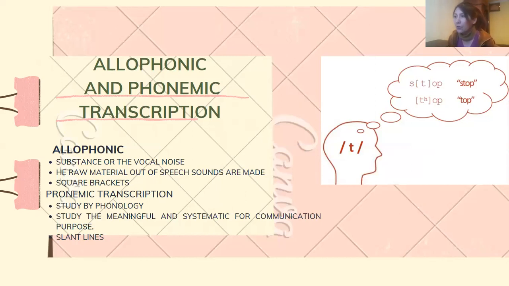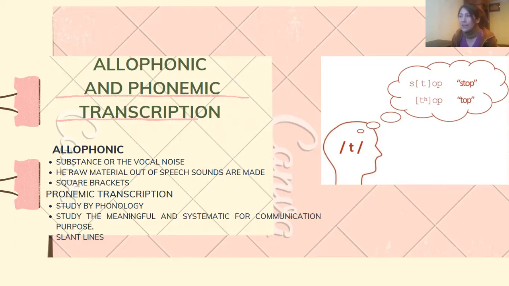First of all, it's necessary to know the definition of phonetics. What does phonetics deal with? It is the study of phonic substance and its function in spoken language. Phonetic transcription uses different concepts related to allophonic and phonemic transcription. What is the allophonic?